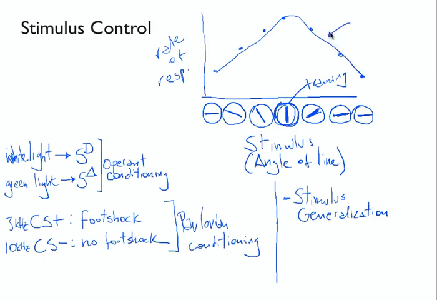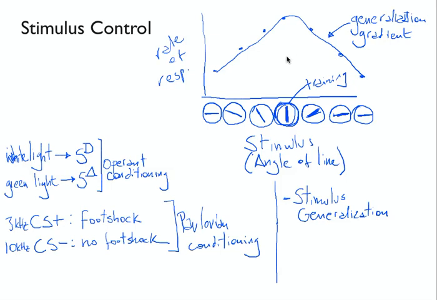And we call this a generalization gradient. Right?